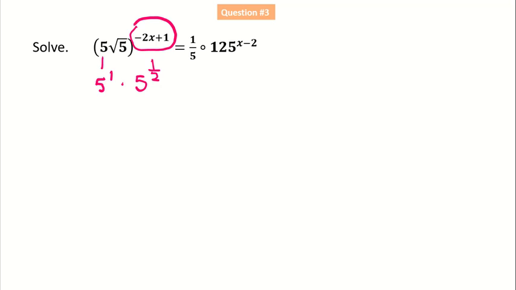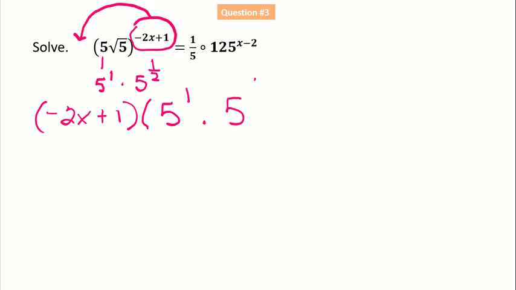Now, if you remember, in the previous problem, we can take that power and pull it over here. So we have negative 2x plus 1 times 5 to the first power times 5 to the 1/2. When you multiply numbers with the same base, you can add the exponents.